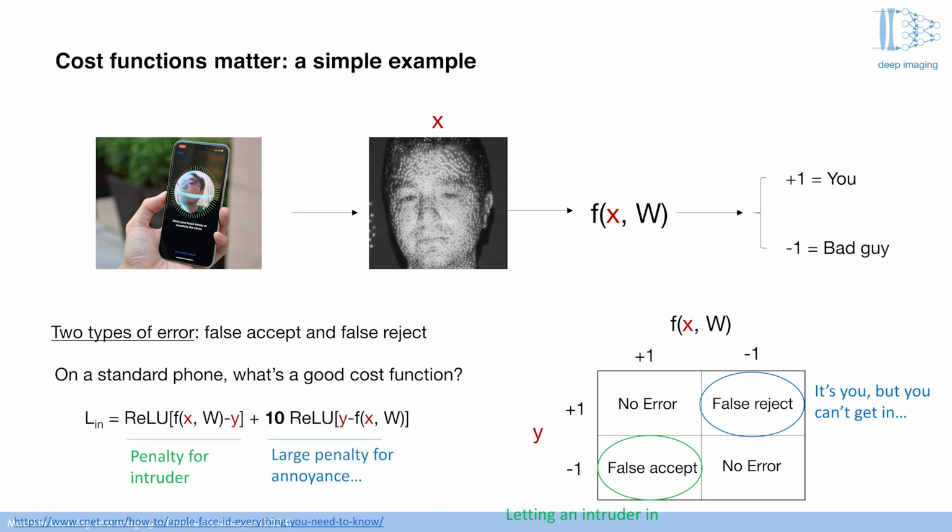What we can do is say, hey, our total loss is given by two components. And you can use the ReLU to make those two components. If you subtract the label y from the output of the network and it's negative valued, that makes it a false accept scenario. And so that's going to be the penalty for the intruder, the ReLU of the output of the network minus y.